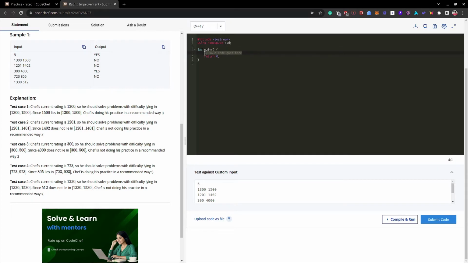Okay, so taking integer t, then taking input as usual. We could do this using two functions, but we are just making it in one.